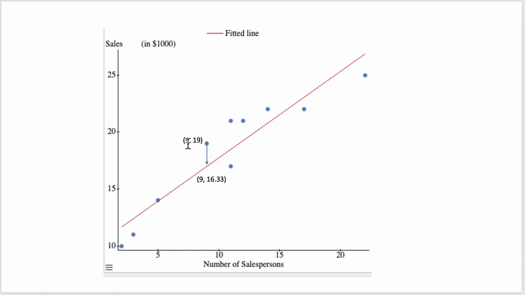X is still 9, but we predict only $16,033 in sales. What we observed was higher than what was predicted.